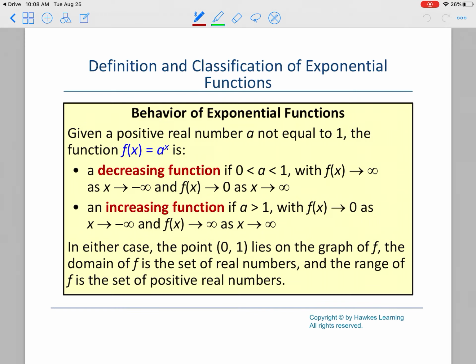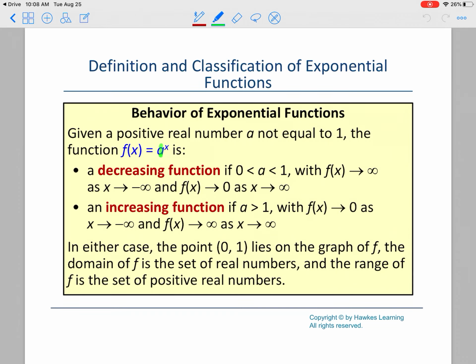So we have some behaviors of these exponential functions. Again, this should be a review from Algebra 2, but our base, or here our a value, our big number here, that's our base, tells us if our function is increasing or decreasing.